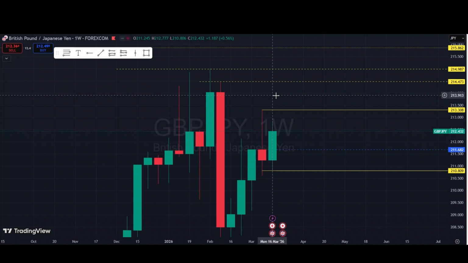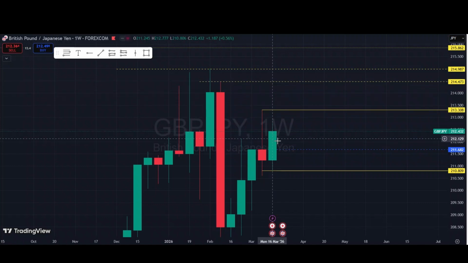However, price may react from the order block, which is here. Price may actually return back to this order block, reacting from the order block at 211.68, which is a key reaction level for British pound JPY. So we watch and see what happens here. If price opens and continues to go up, our draw on liquidity remains on the upside here.